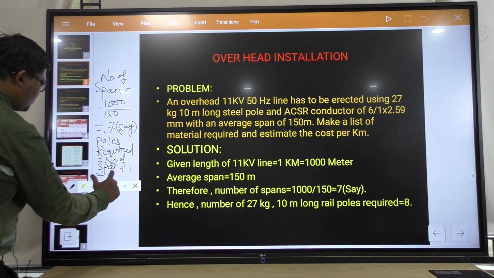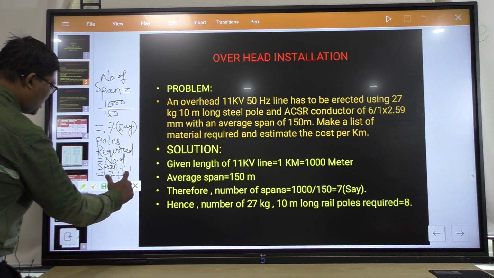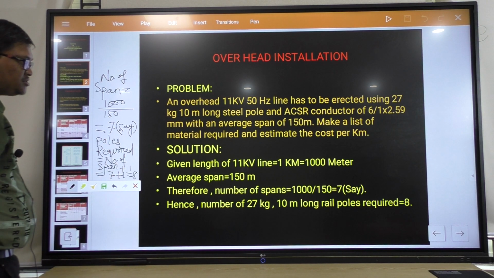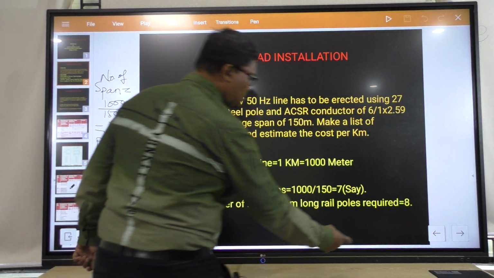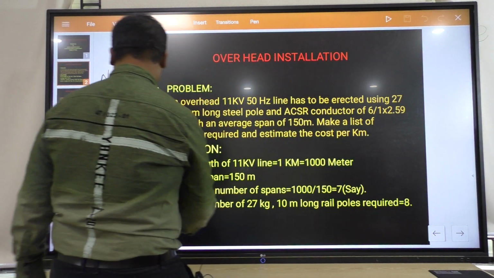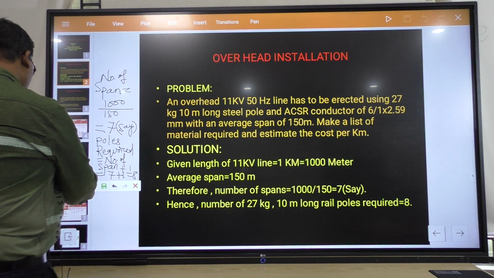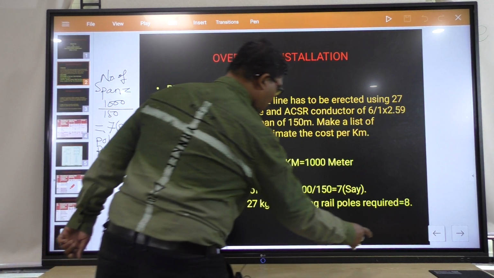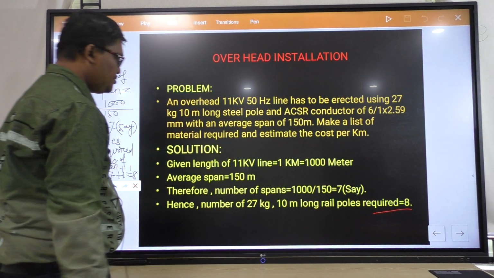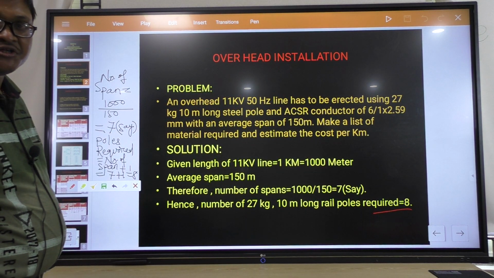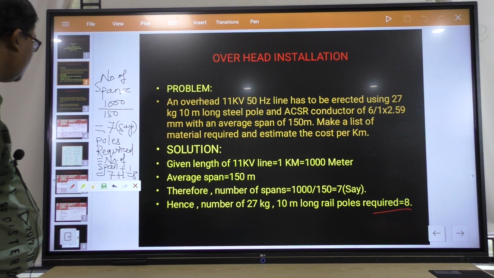So, the number of spans is 7 plus 1, that is equal to 8. So, the number of rail poles required is 8.